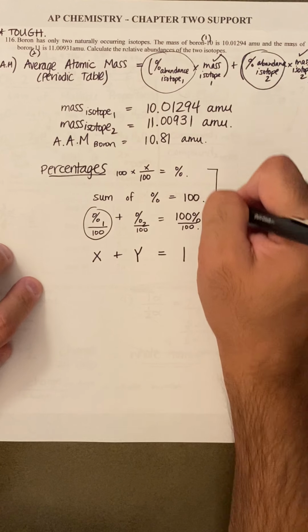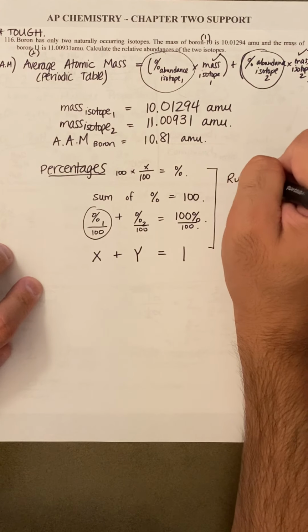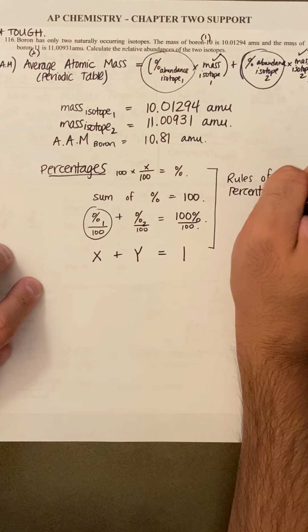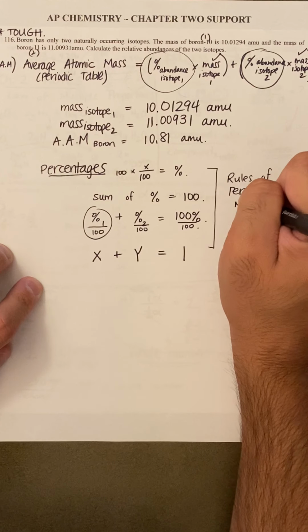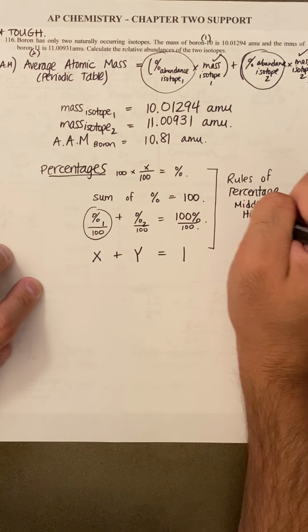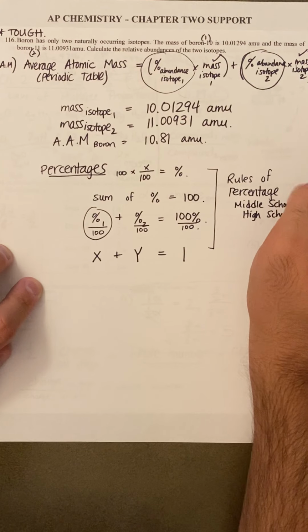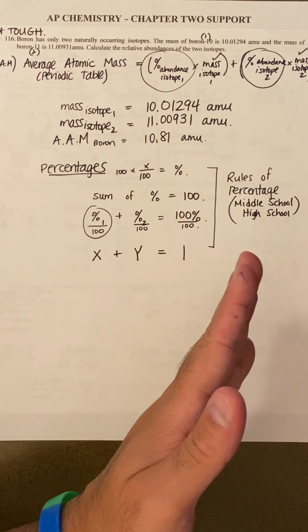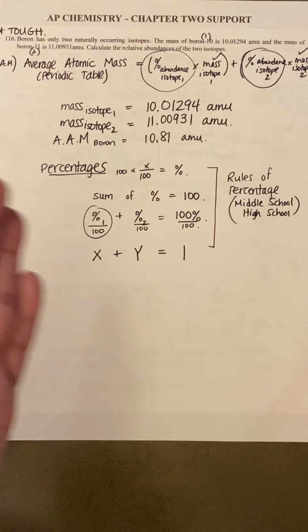This has to do with rules of percentages, and this may be middle school, maybe a little bit of high school. We could revisit this if you want to go over percentages. But in general, the sum of the percentages is equal to 100, or it's equal to 1.